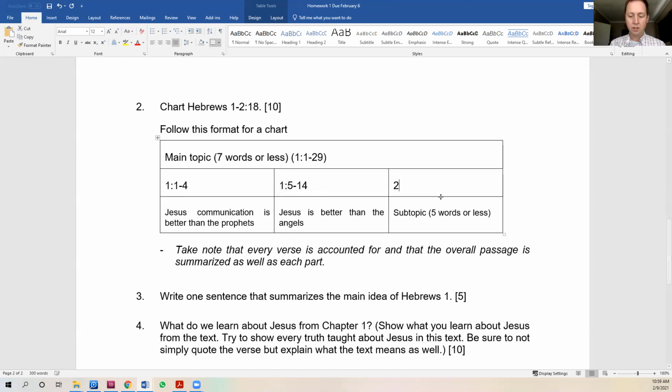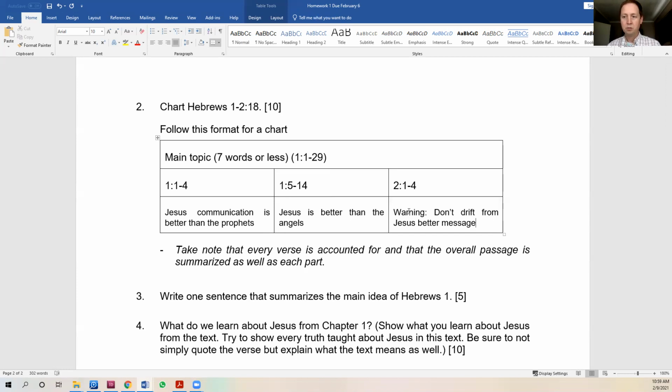Okay, and then we're into chapter 2. As we're reading in chapter 2, we see there's a warning, and that warning goes from verses 1 to 4. That's why I put in 1 to 4. So what's he warning them? Don't drift from Jesus' better message.